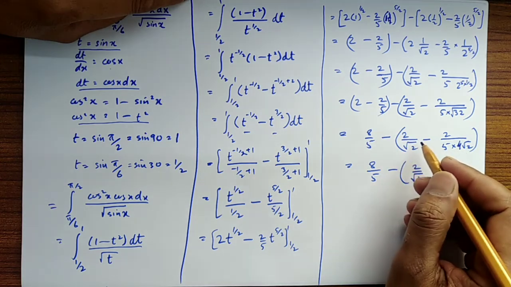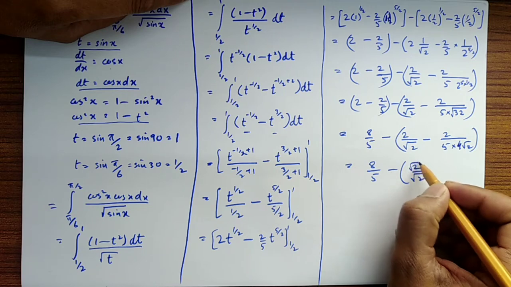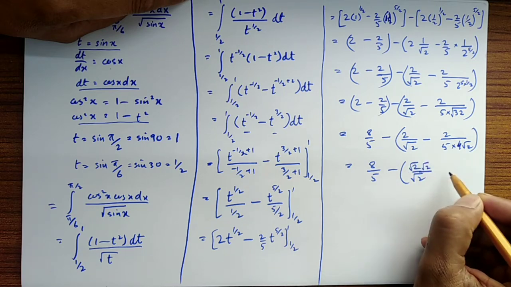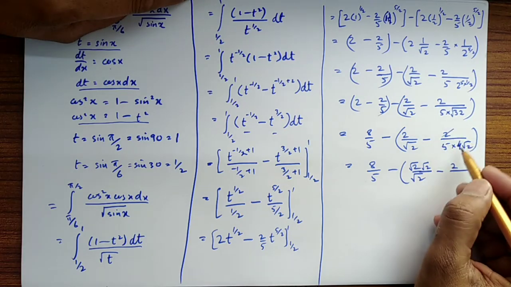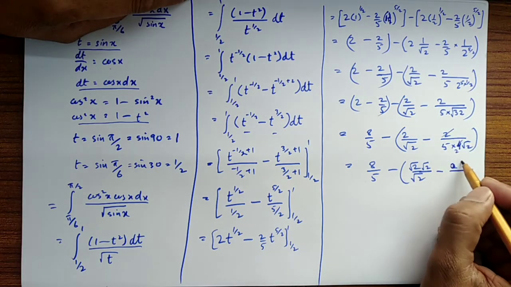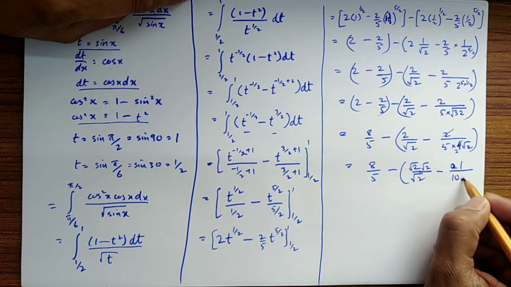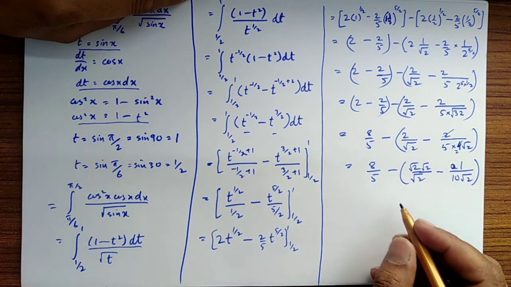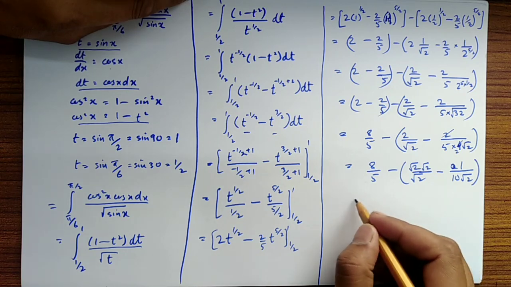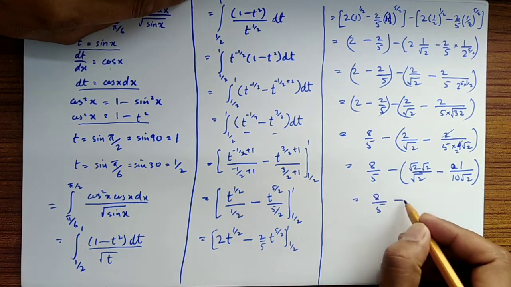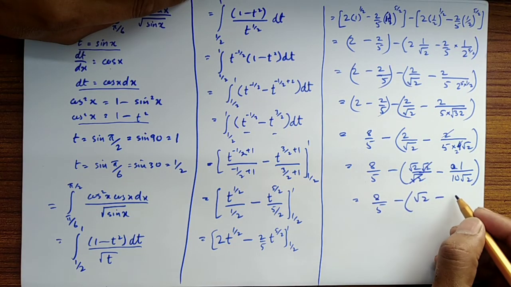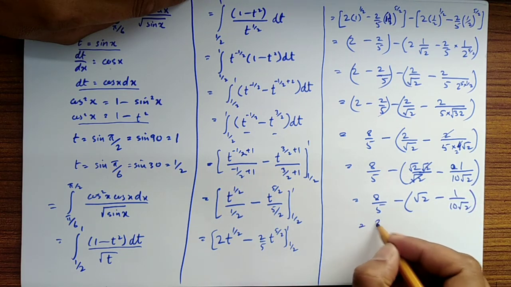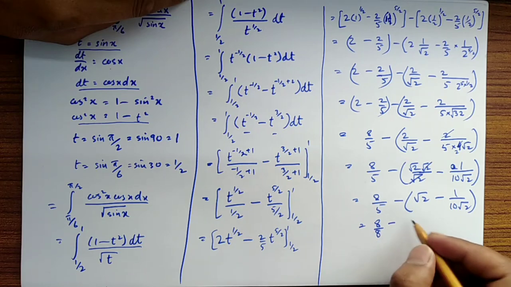So let's break this 2 into 2 under root 2's, minus 2 upon, you can say 2 1s are 2, 2 2s are 4, sorry, here we have 1 now. This gives 10 under root 2, right? So 8 upon 5 minus, root cancels out, under root 2 minus 1 upon 10 under root 2, and again minus 8 upon 5.